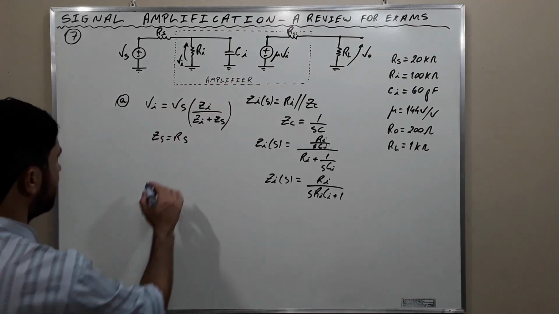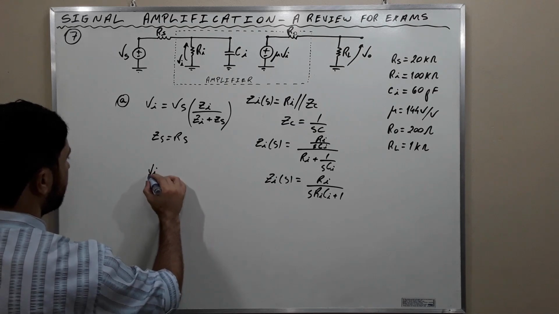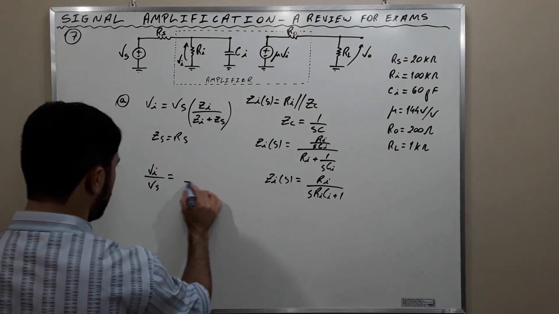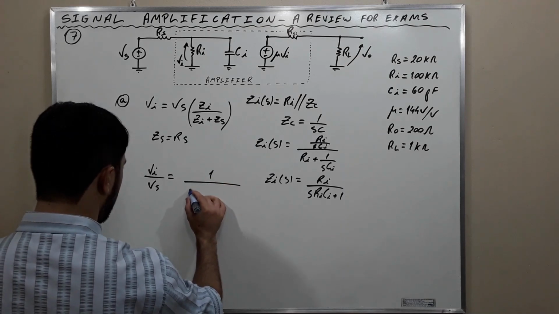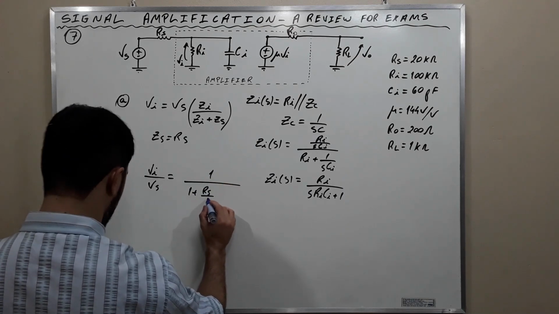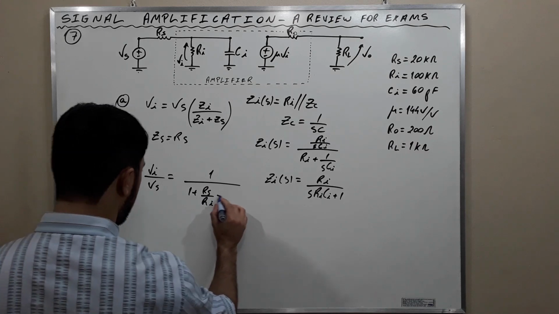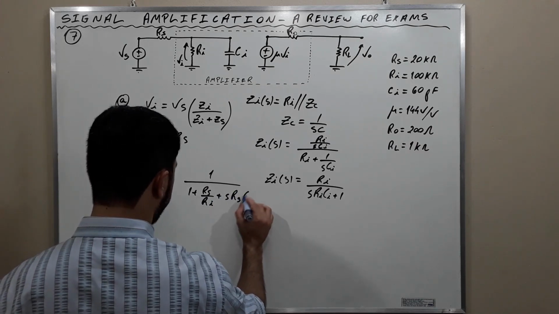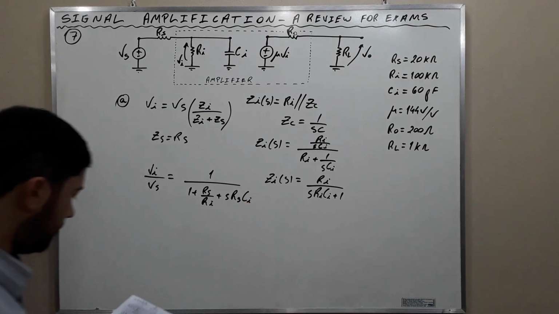We find that Vi over Vs is equal to 1 over 1 plus Rs over Ri plus S Ci Rs. Okay?